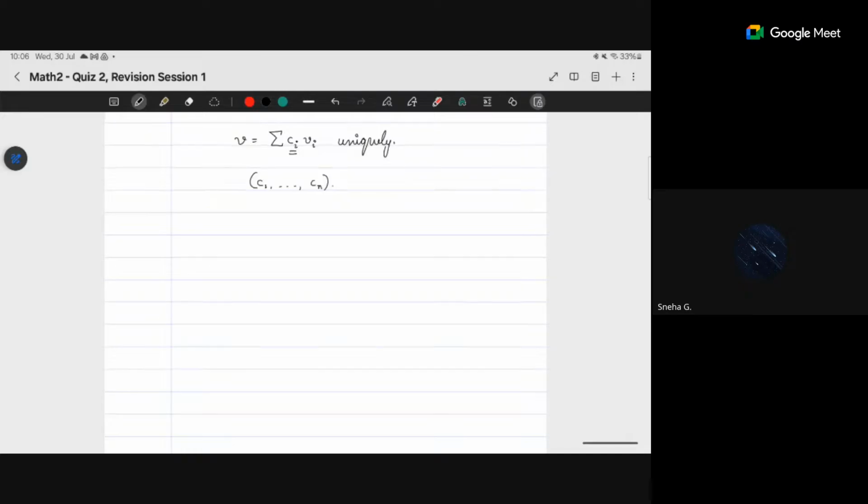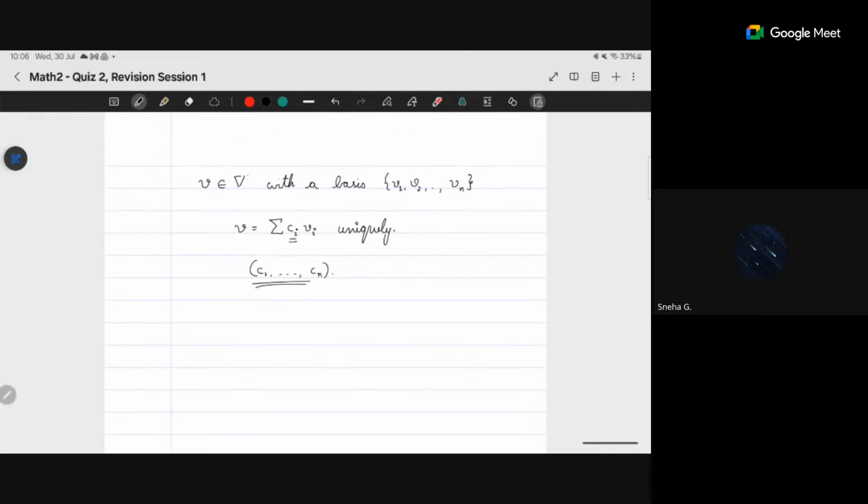Now, if I tell you C1, C2, Cn is the coordinate vector of some vector with respect to some basis, how will you get that back? You'll just plug this back to get this, right? Now, let's just do this thing with 1, 1 and 1, minus 1.